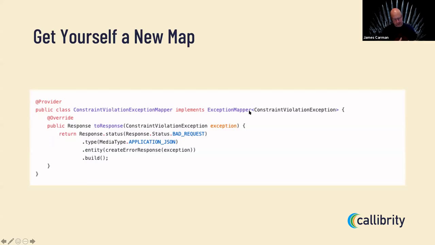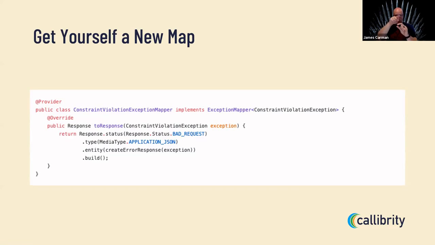What happens here is anytime an exception is thrown in JAX-RS, it maintains this tree, this hierarchy, because the classes are in a hierarchy, and it's based on this parameter type here. In our case, it's ConstraintViolationException, but there's a tree, and it's looking for an exception of this type.